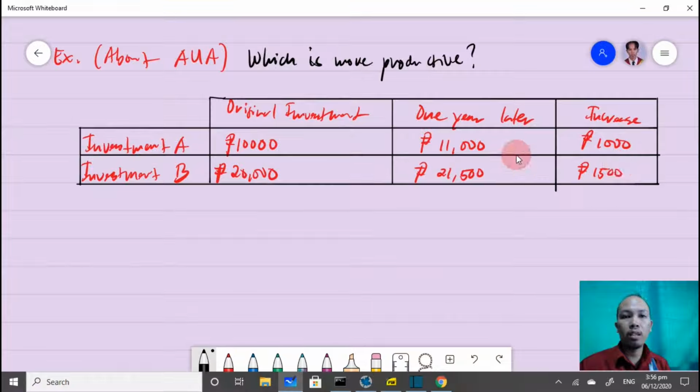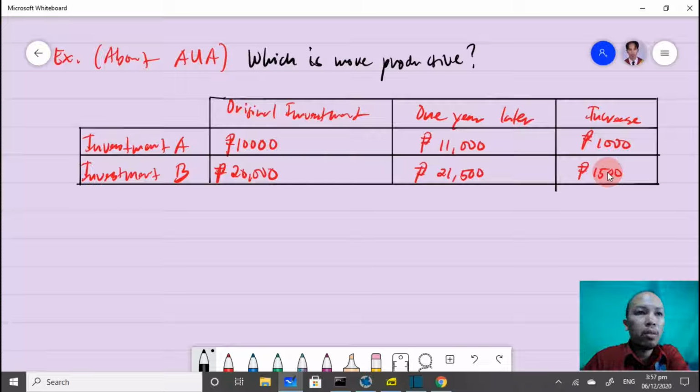It seems like, as you can see, the investment B produced a larger profit, 1,500, than investment A. But the investment which is more productive is, I think, investment A. Why?